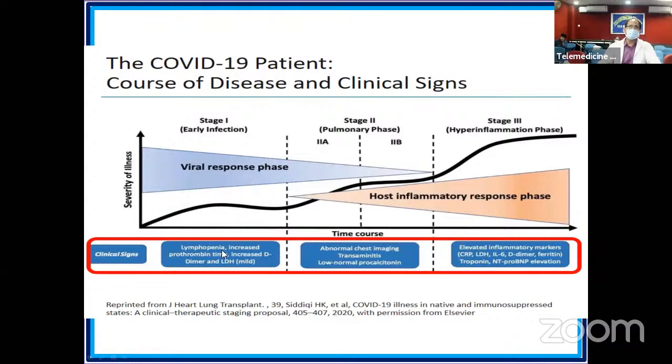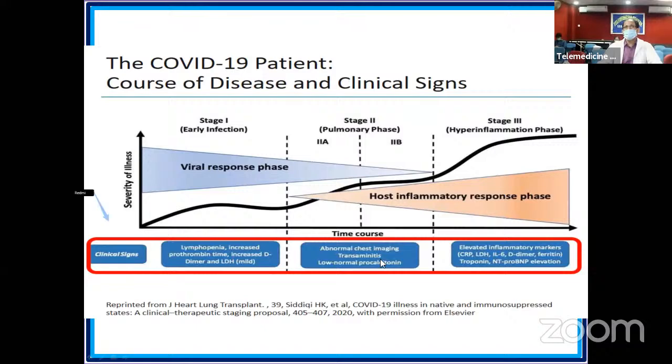So in those cases, the signs are very few. Symptoms are just flu-like symptoms, fever or maybe diarrhea, or loss of taste sensation, or loss of smell. Exactly, in 10-15% of cases, this comes to the pulmonary phase. There is abnormal chest imaging, transaminitis, and an increase of inflammatory markers. The very simple inflammatory marker is CRP.